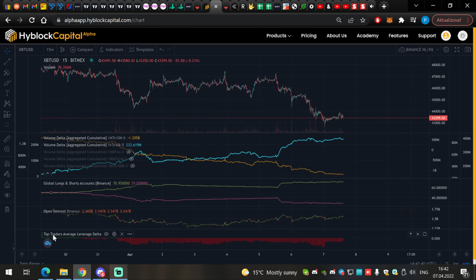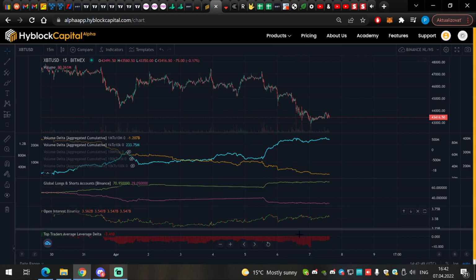We also watch top traders' average leverage delta, and they are right, but on the extremes of the moves they are not right. They go FOMO crazy on the market, because who is the strongest hand on the market? It's always limits, and this is delta, so these are market orders. You see they were really crazy here. Look here, it was a peak and it was the total bottom, so these bigger traders actually FOMO as well, especially on the top and the bottom of the moves.